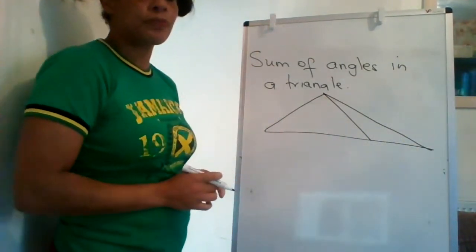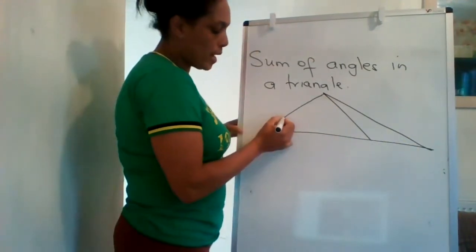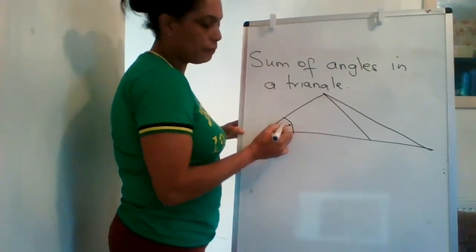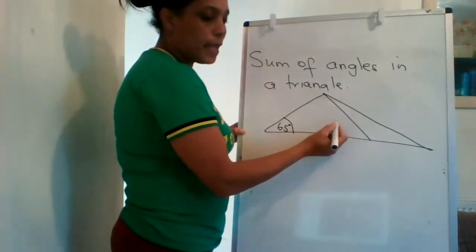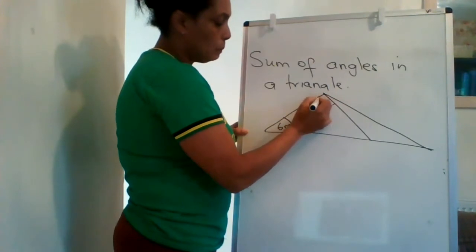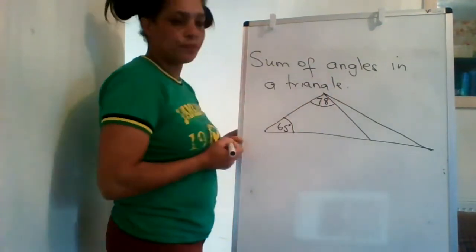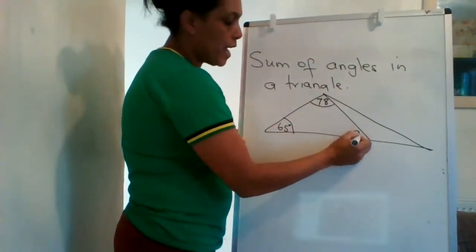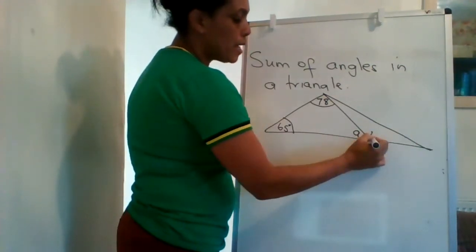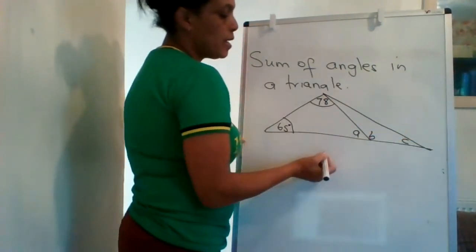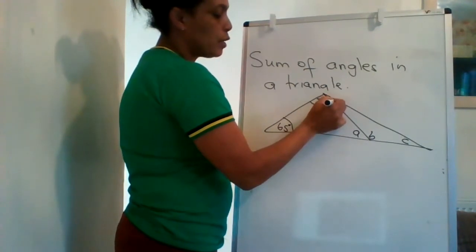Okay. So let's call that 65. Let's call this one 78. We're asked to find A, we're asked to find B, we're asked to find C, and we're told that this is 20.